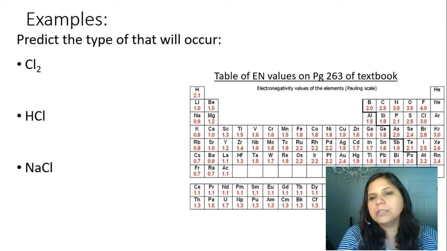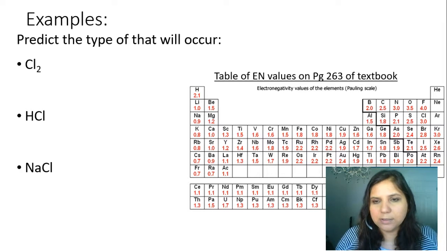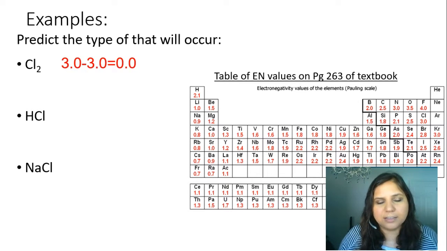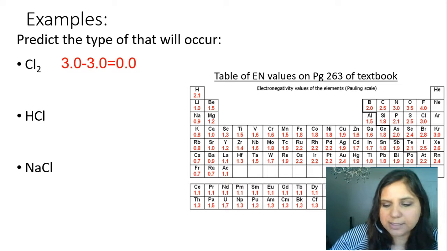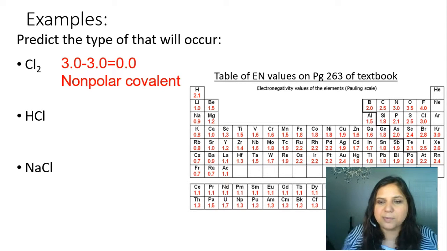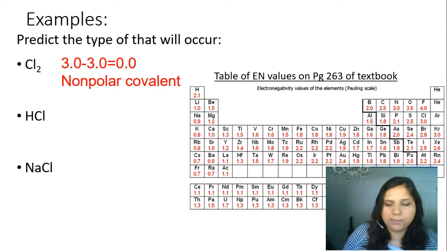And so what we'll do is we will take chlorine, which is 3.0, and subtract chlorine, which is 3.0, and get a difference in electronegativity of 0. So that means anything less than 0.5 is a nonpolar covalent. And that's what happens, is you end up with something that's so similar in electronegativity or exactly the same that they just share, and they share equally.